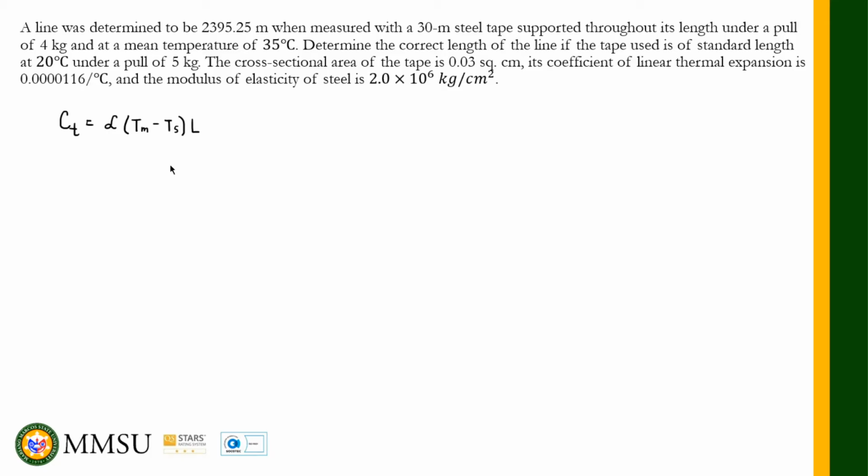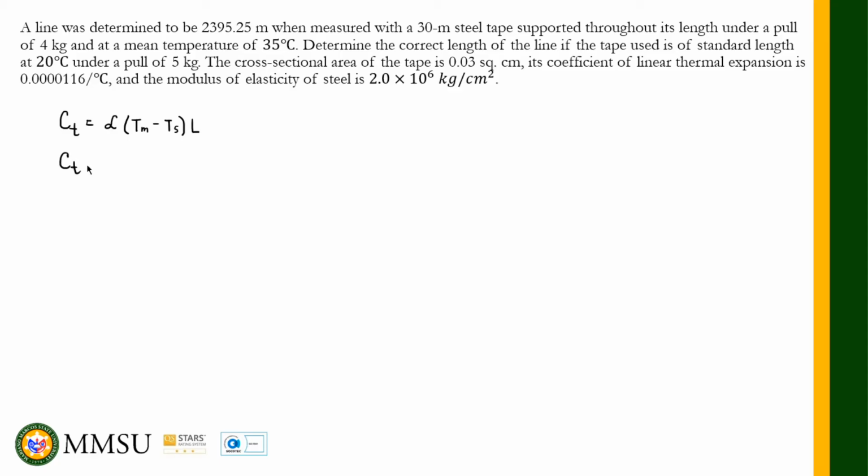Okay, or itong L can be the measured length. Okay, so since we are looking for the correct length of the line, we are going to use the measured length. Okay, the 2395.25 meters for L. Okay, hindi yung nominal length, it should be the measured length.